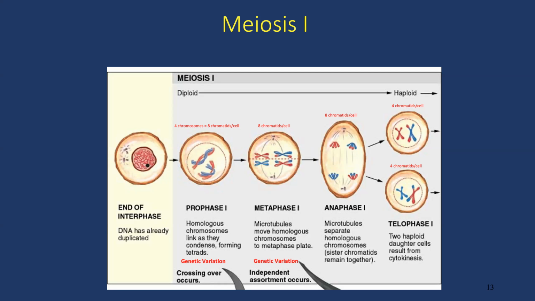The Amoeba Sister told you what crossing over is: parts of chromosomes, homologous chromosomes, are exchanged. And homologous means one from one parent and the corresponding chromosome from the other parent. So they're not identical, they're homologous. And where they touch, they can exchange pieces. So in this case, we have blue and red. Blue can exchange with red, with blue.